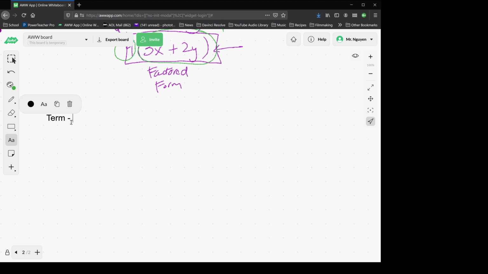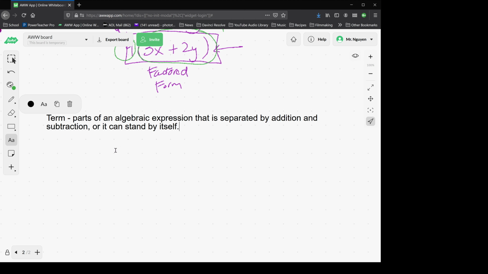These are parts of an expression, an algebraic expression, that are separated by addition and subtraction, or it can stand by itself. So let me give you an example.